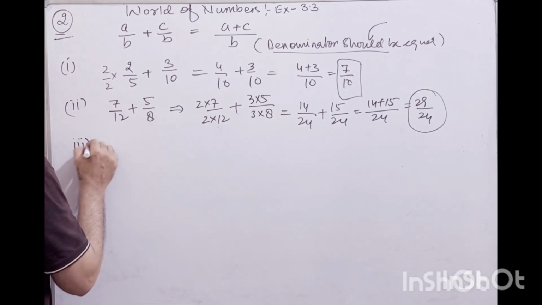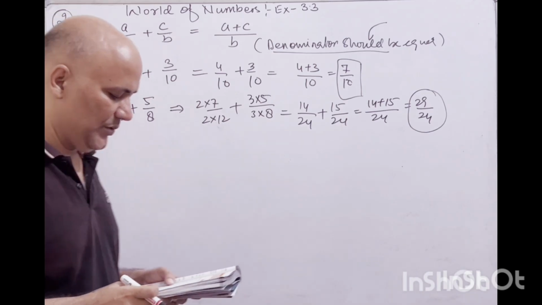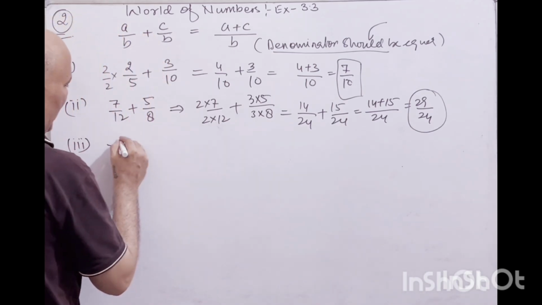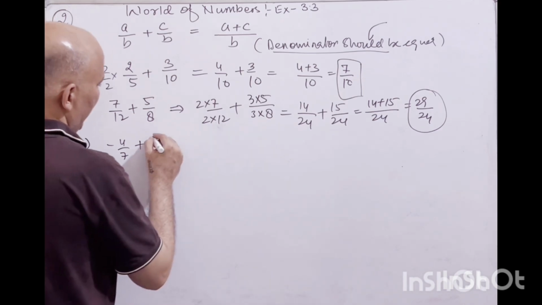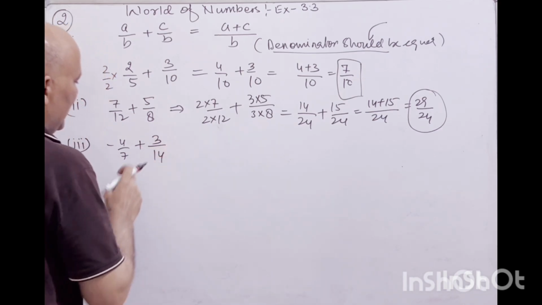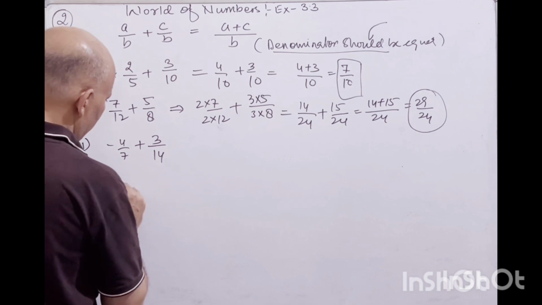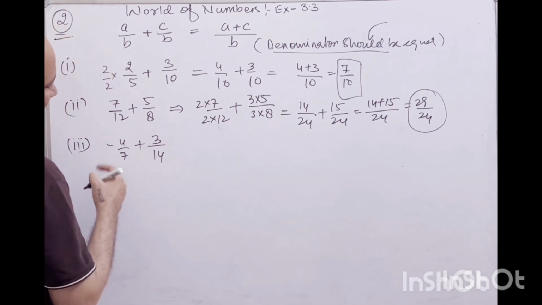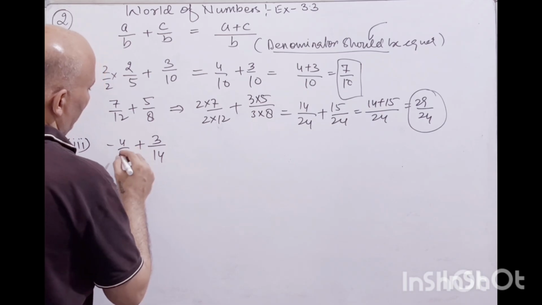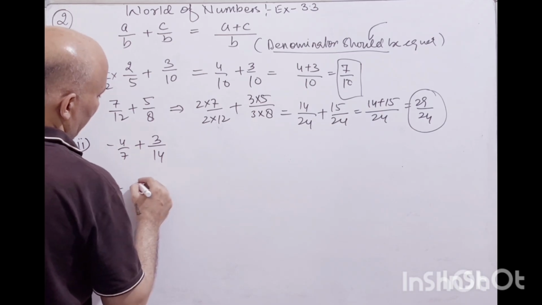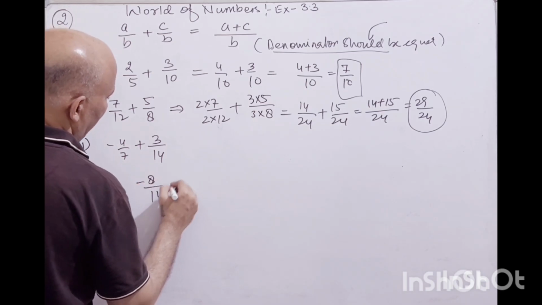So third part of question number 2, minus 4 upon 7 plus 3 upon 14. So what we can do is, this is a bit different, so make it equal. So that is multiply by 2 and divide by 2, that is minus 8 upon 14.